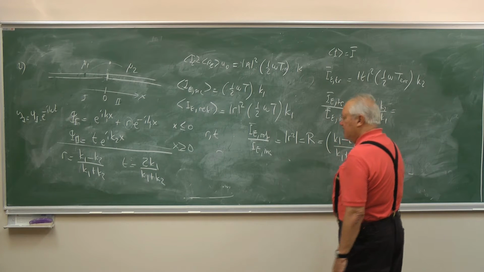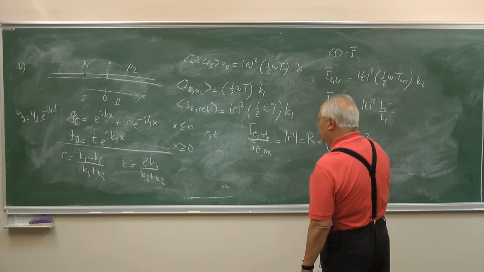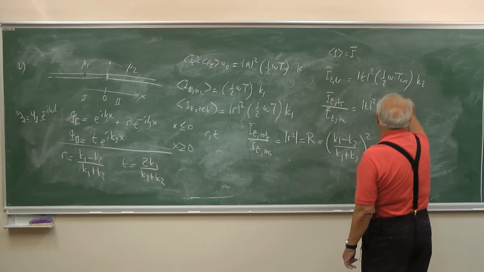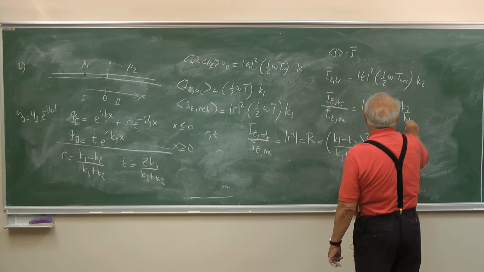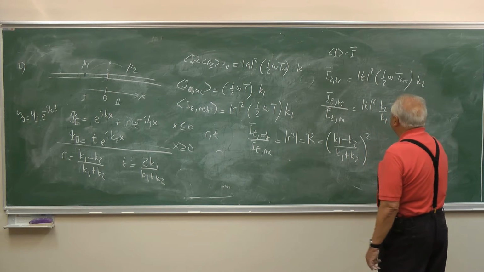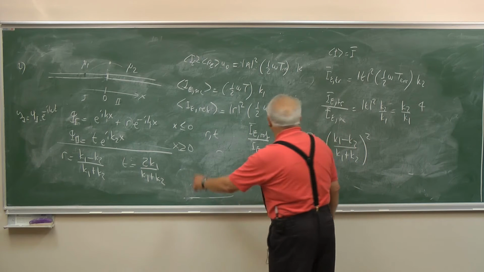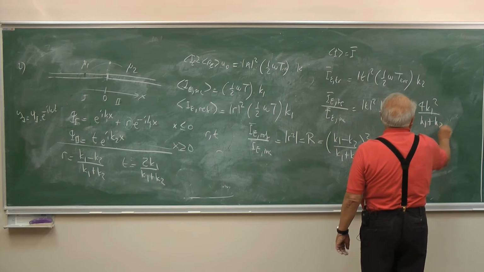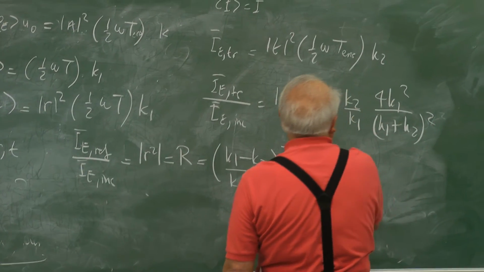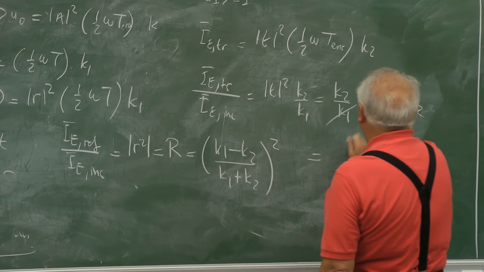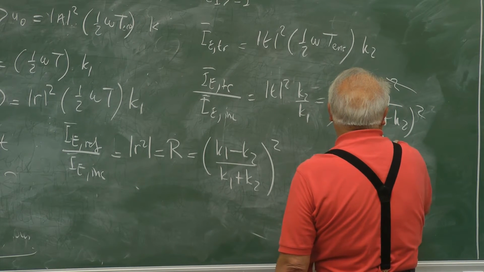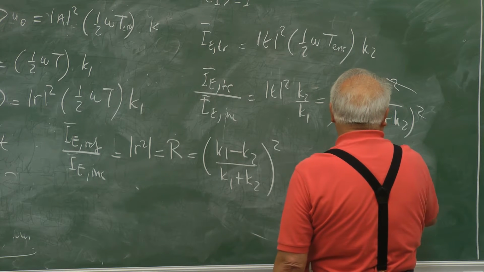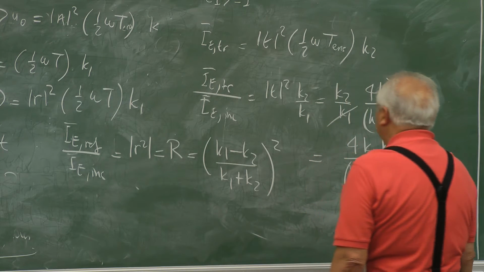So if I put T absolute square, so let me write like this, K2 over K1 times K1 square over K1 plus K2 squared, equals, this knocks it off, 4 K1 K2 over K1 plus K2 squared.